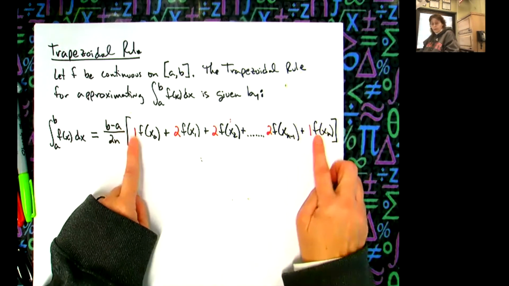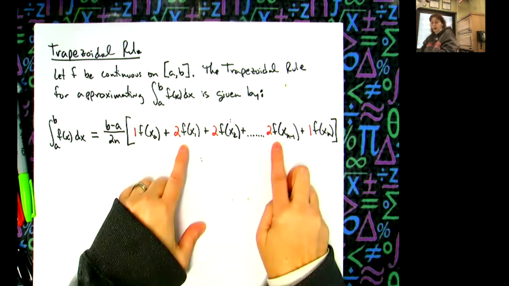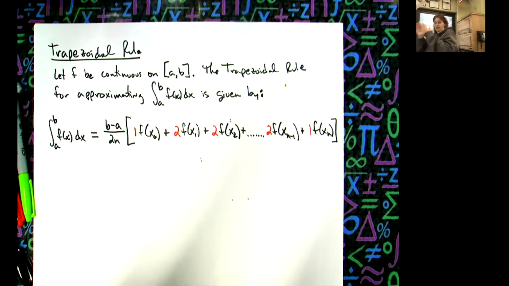These 2 on the ends are the heights of the 2 trapezoids on the outside edge, and they're only used once. Every other height that you generate in the center is used 2 times. Now this is under the assumption that every one of your trapezoids has the exact same delta x. It has the same width.